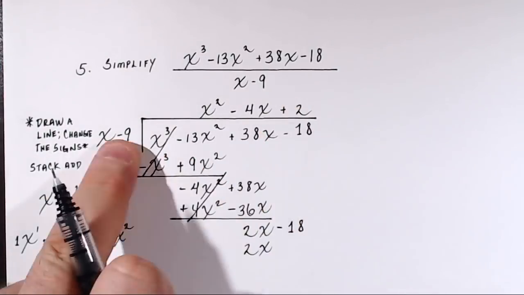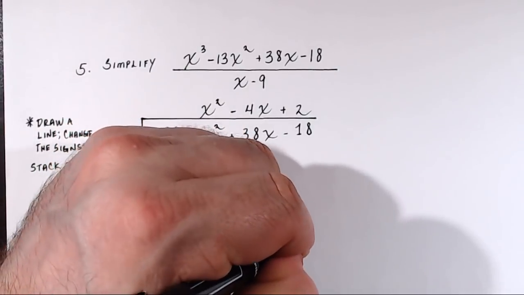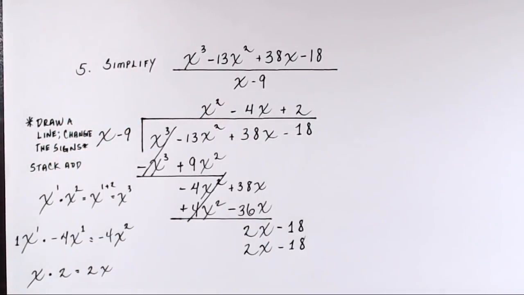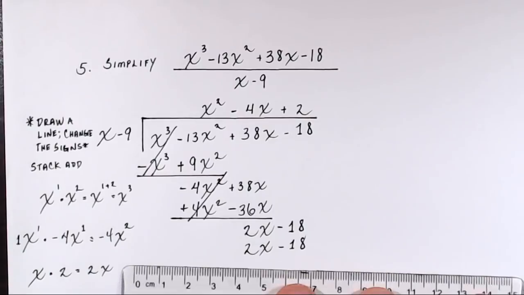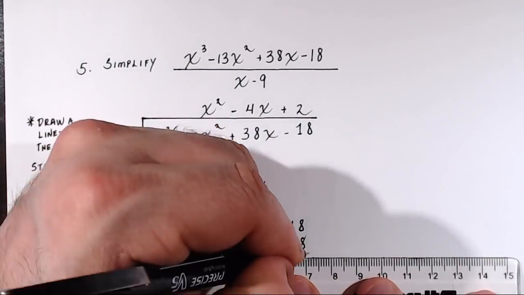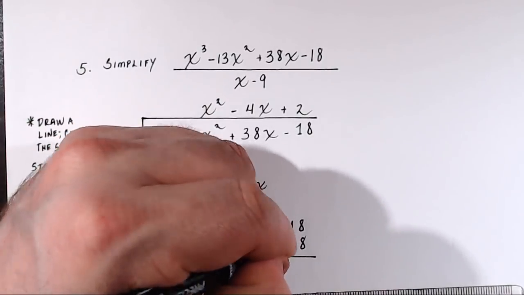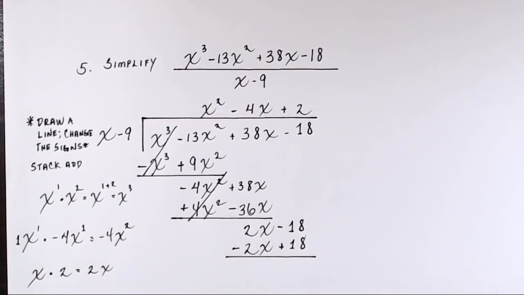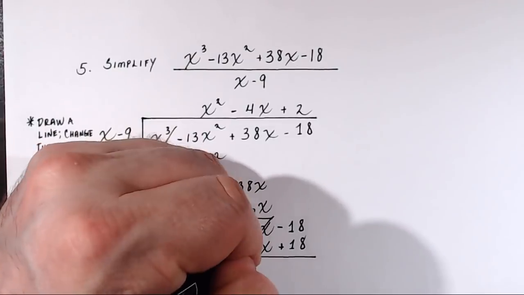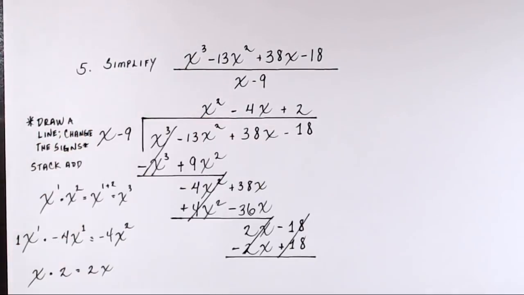And then we'll multiply 2 times negative 9, and that's negative 18. All right? And draw a line, change the signs. Okay? These cancel, and these cancel, leaving nothing. So your quotient has now been given to you.